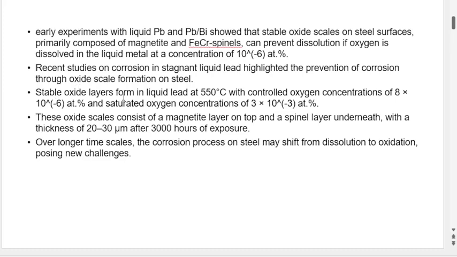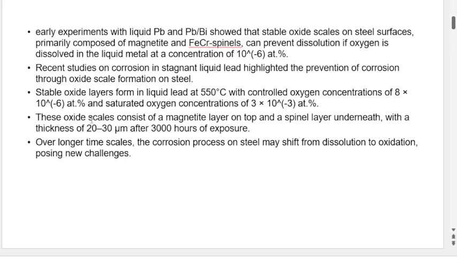Stable oxide layers form in liquid lead at 550 degrees C with controlled oxygen of about 8 times 10 to the minus 6 atomic percent and saturated oxygen concentration 3 times 10 to the minus 3 atomic percent. So in this range, we will have quite a stable oxide layer.